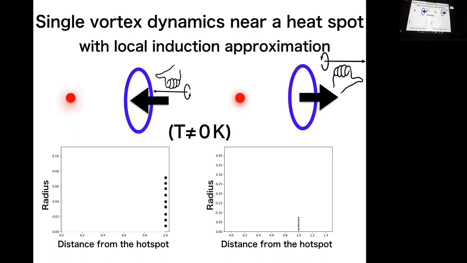On the left-hand side, there is a vortex ring that moves toward the hot spot. And on the right-hand side, the vortex tends to move the other way. On these plots, this is the distance from the hot sphere to the vortex, and the vertical line represents the radius of the vortex, and they calculate how they evolve in time.